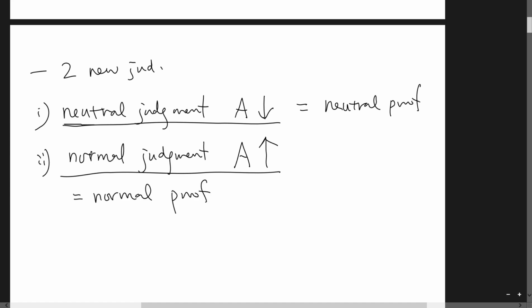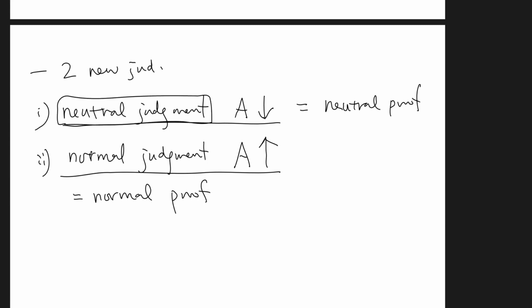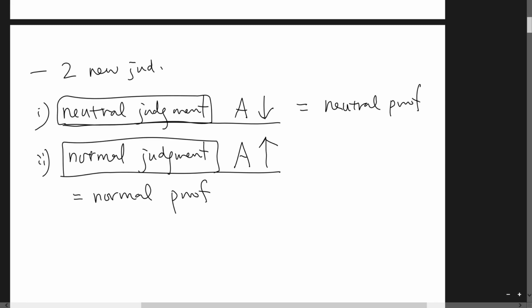This neutral judgment is an auxiliary notion that we introduce to formalize this notion of normal judgment. And this neutral proof is basically what appears in the upper half of this hourglass.